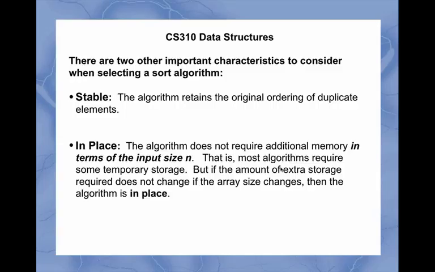Therefore, the amount of extra storage required changes in terms of the input size n. However, if you have an algorithm that simply has 1 or 2 or 3 temporary variables, but you always have the same temporary variables no matter how large the array is, then that algorithm is in place.